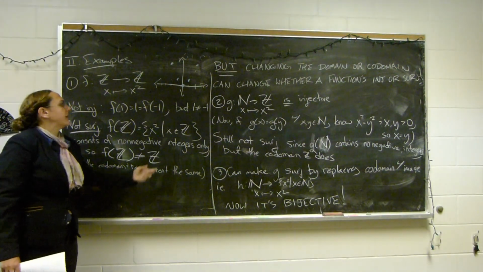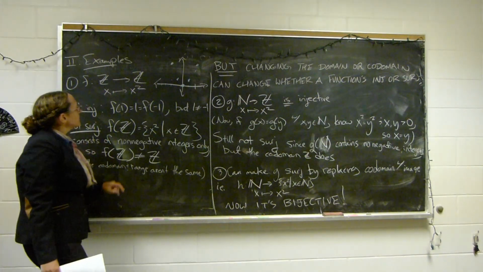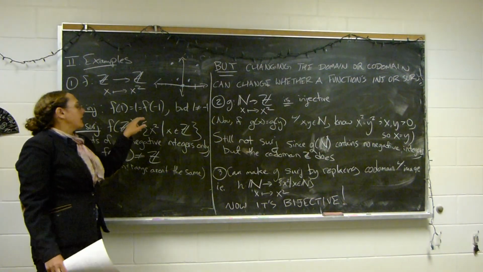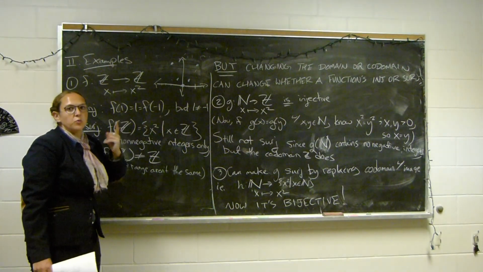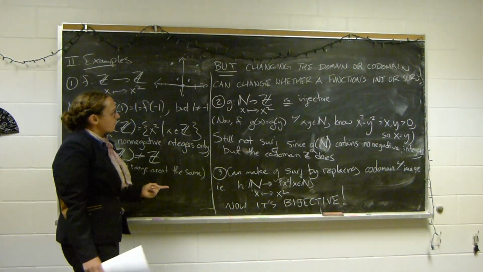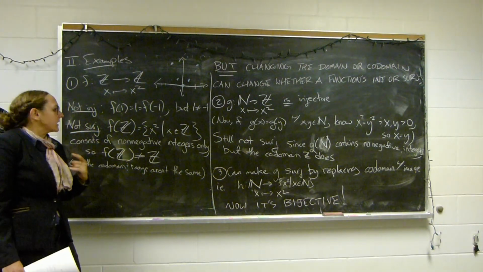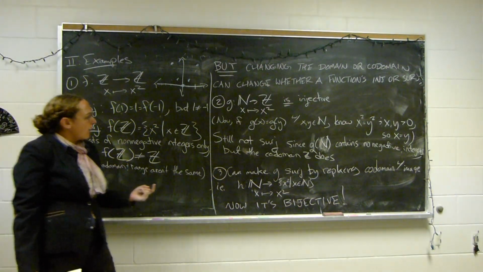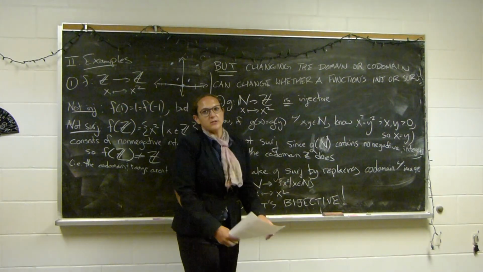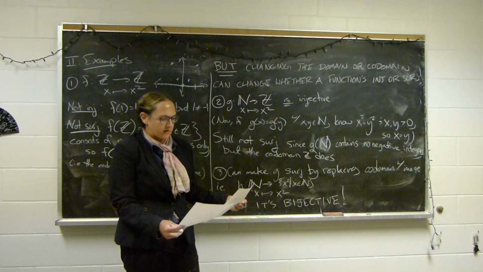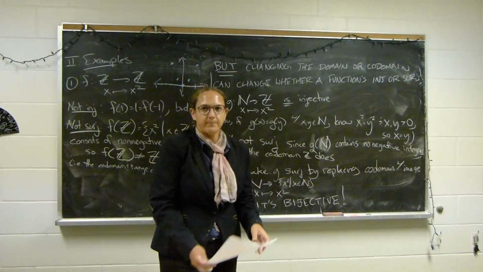So how do we make it injective? We just make sure that anytime you have some elements going to the same place, you only include one of them in the domain. So we changed our domain. If I wanted to make it surjective, then all I need to do is replace the codomain with the range. It sounds like cheating, but it's great because then you have a bijective function.